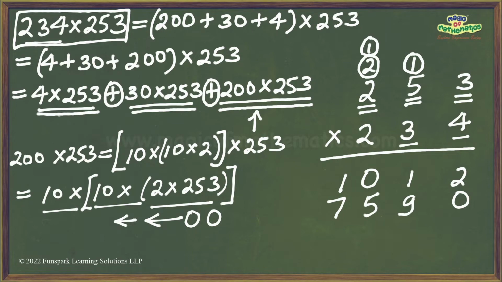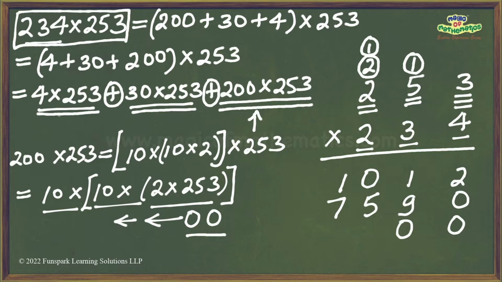This is the same as shifting the result of 2 times 253 two places to the left and putting zeros in the vacant tens and units place. We can also think of this as putting zeros in the units and tens place and then finding out the result of 2 times 253.